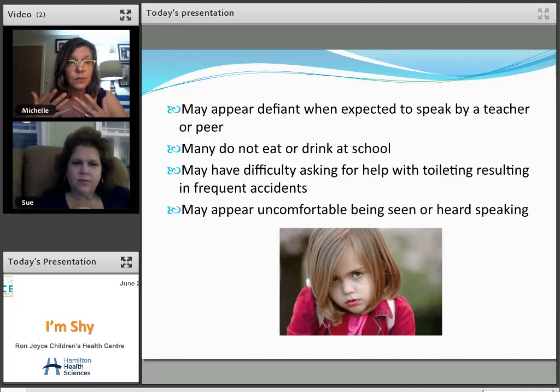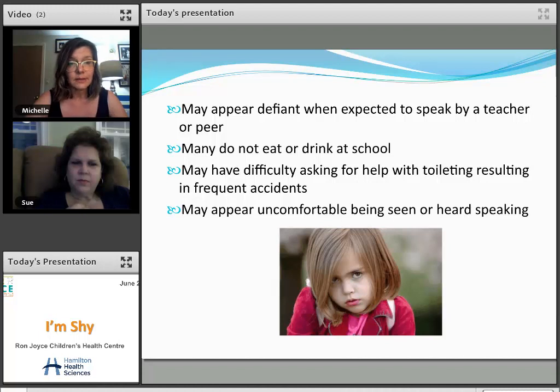They have a hard time with anything oral, so putting something in their mouth, depending on what it is, is too much of an anxiety-provoking situation. So they just don't eat or drink. And they have difficulty asking to use the bathroom. These are children that don't like a lot of attention on them.